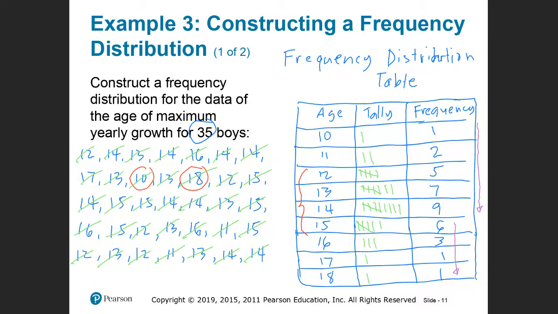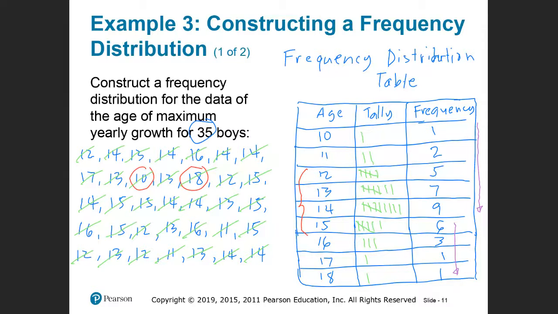So it means that you can see there is a maximum yearly growth there between those ages. Okay, and after that, it's slowly decreasing. So that would be your conclusion from the frequency distribution table.